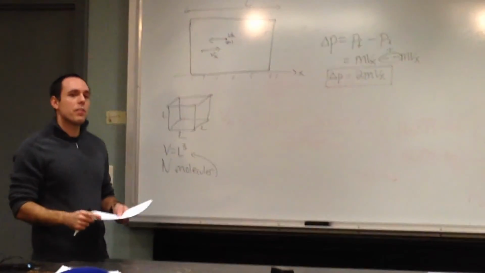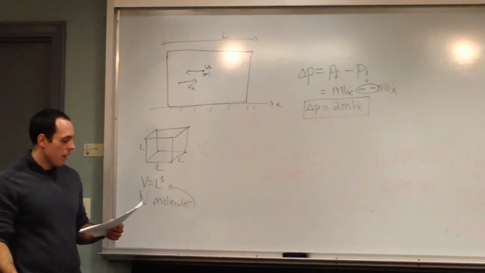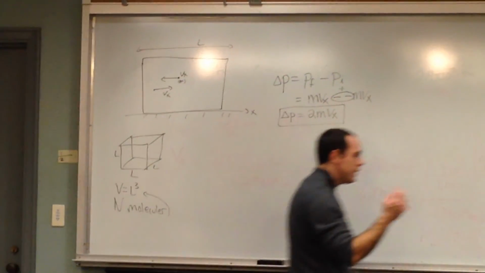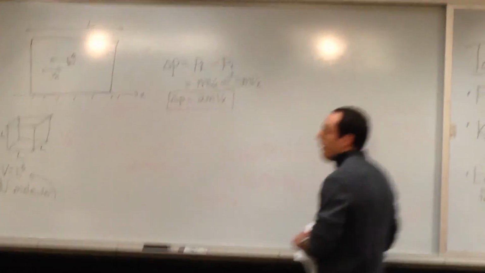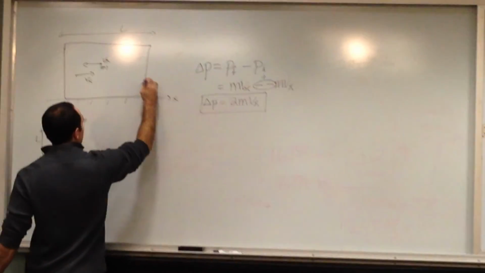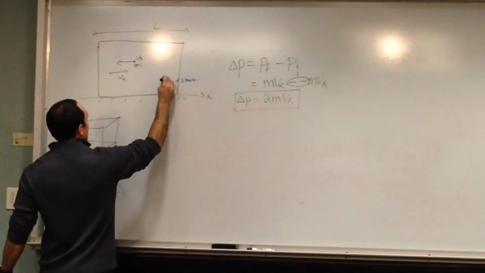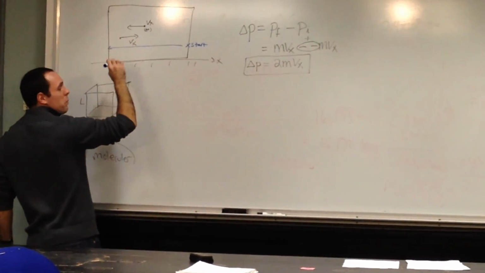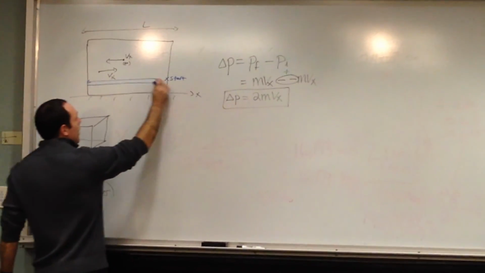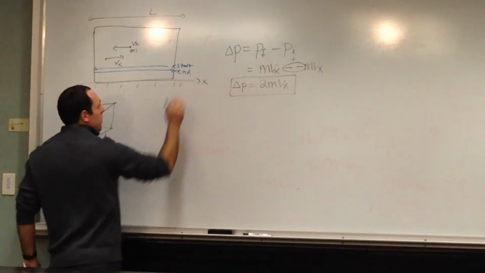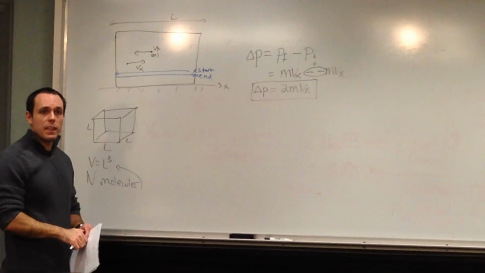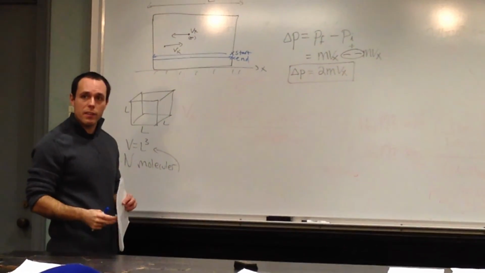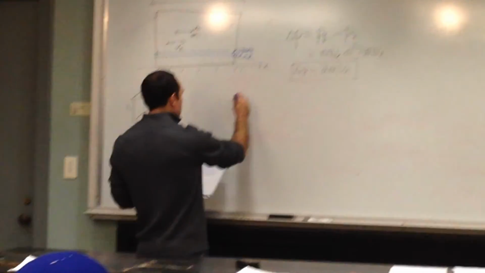Well, before we relate this to anything else, let's basically see how long it takes for this gas molecule, once again we're just looking at one, to start here, travel all the way to the left, hit this wall, have this change of momentum, which we just calculated as 2mvx, and get back to its position. So I want to find the total time it takes to bounce from one end back to the other. Well, let's think about it.